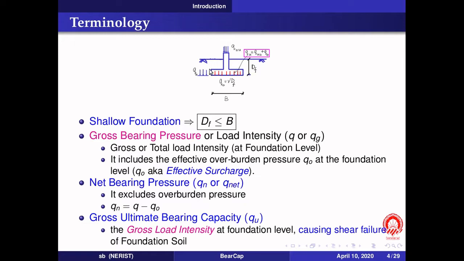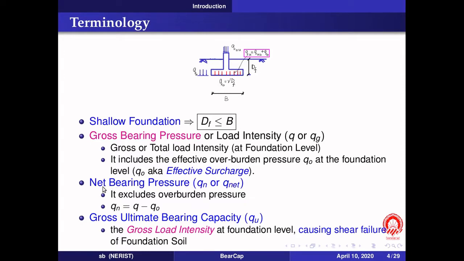So this gross pressure includes the load coming from the superstructure, which is shown here, and also the load due to the overburden pressure at the foundation level. So the gross pressure is the sum of the pressure due to the load from the superstructure and substructure, and the surcharge or the overburden at the foundation level.